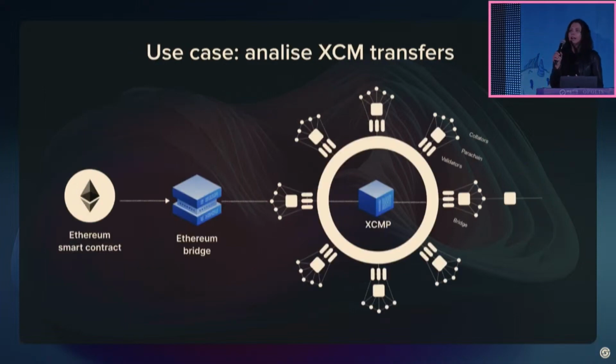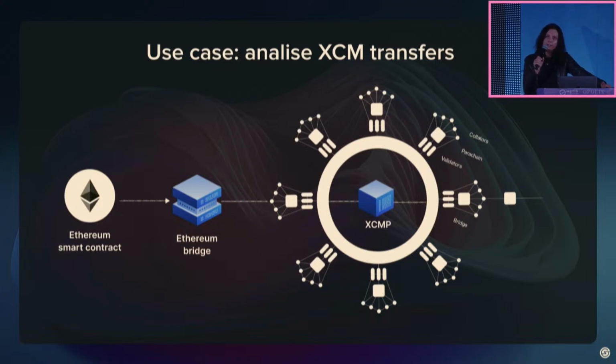And then to show you some examples, because it's a Polkadot context, let's think you want to do some analytics for cross-chain messaging transfers, and you are looking at one parachain, and you want to index the transfers going to a smart contract, which resides on a different parachain, which is EVM compatible.